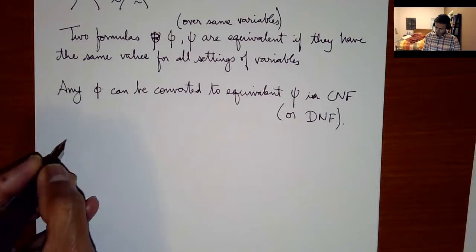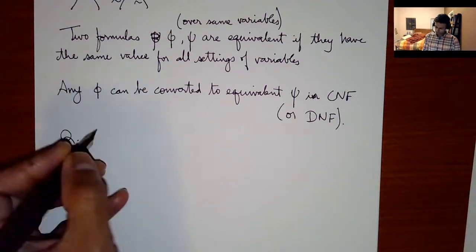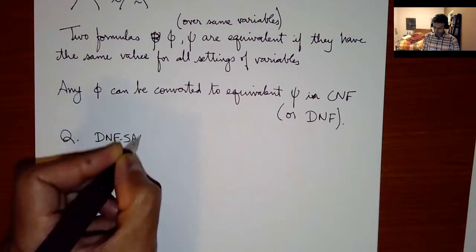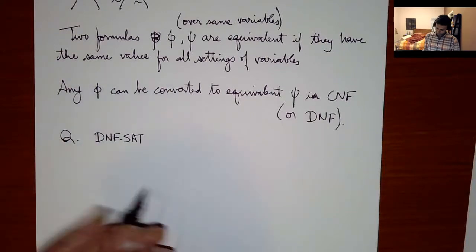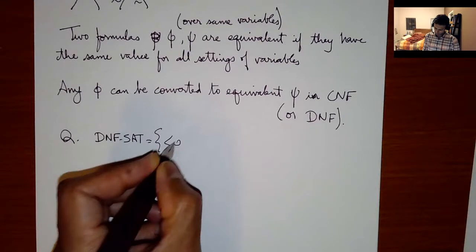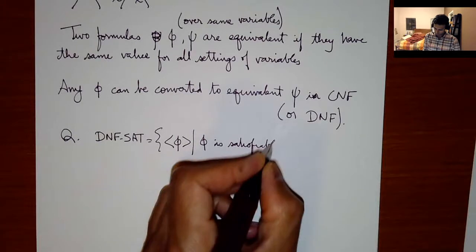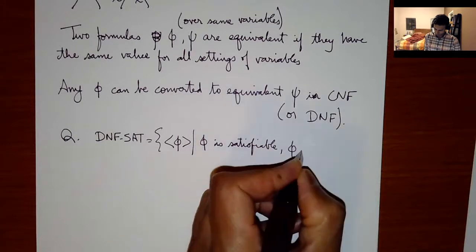Okay, so now let me ask you a simple question. So let language DNF sat be all phi such that phi is satisfiable and phi is a DNF.